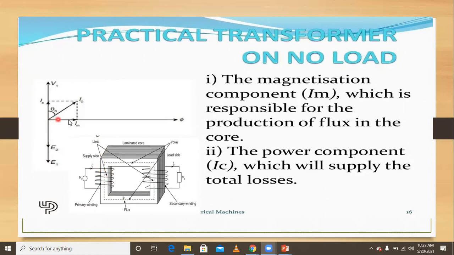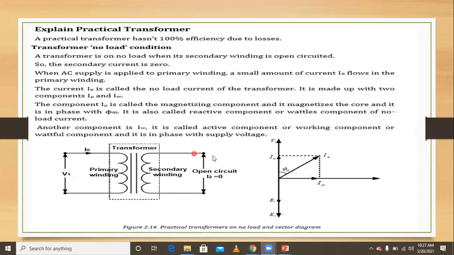That's why it is represented so in the phasor diagram. This is the flux and this is Im or Imu, the magnetizing current. Both are in phase, so you know how to draw the phasor diagram. In phase means the angle between flux and Imu is equal to 0.